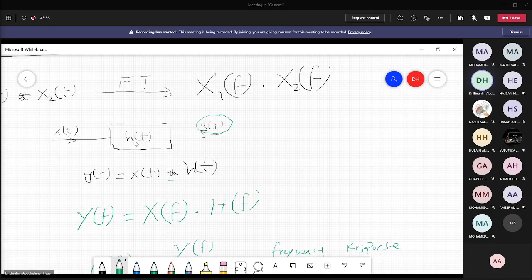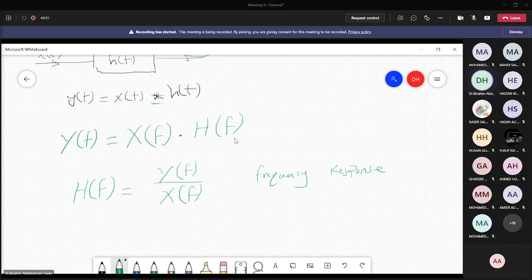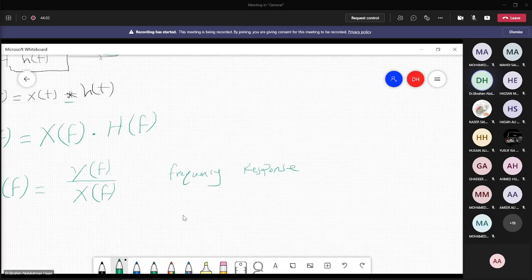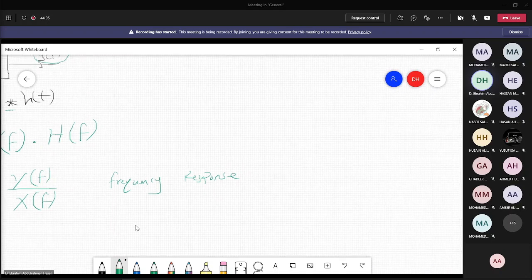So this is the impulse response, h of t, while h of f is the frequency response. And also in circuits, we covered this one. What is this one? h of s.